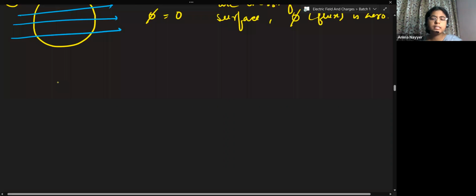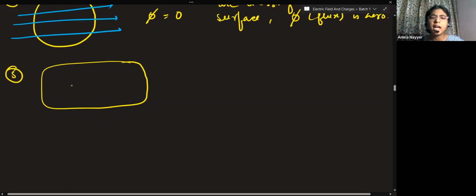One more property is that if you have a set of dipole, let's say this is the system that I have, minus q plus q. All of you should remember we have discussed dipole in the last class as well. Dipole is a set of positive and negative charge with the same magnitude and opposite direction. So this forms your dipole. So in case of dipole, what will happen?